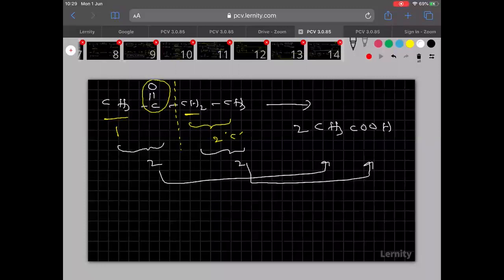So once again, according to Popoff's rule, the carbonyl group should be bonded to the smaller alkyl group preferentially.